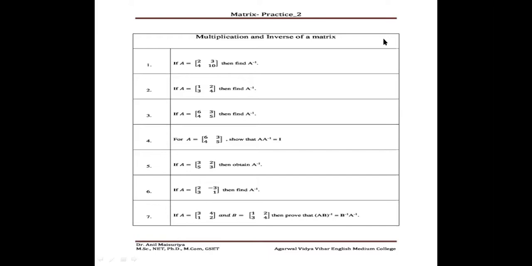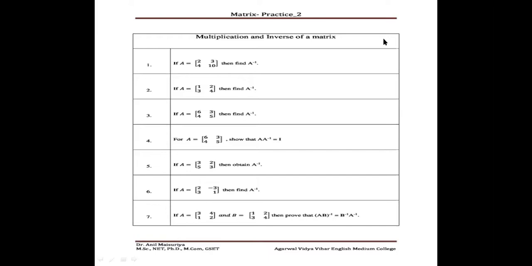But you find yourself. Then try to solve question number 5, A equal to 3, 2, 5 and 3. Then obtain A inverse. And also try to find the inverse for question number 6, where A is 2, -3, 3 and 1.